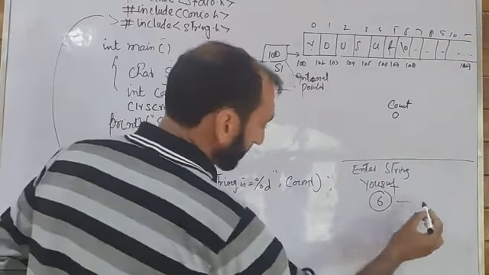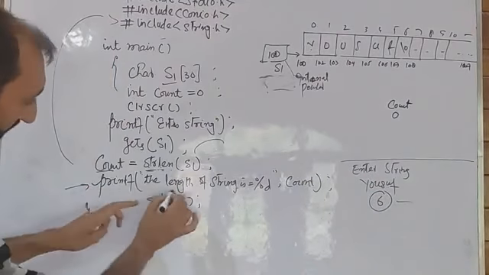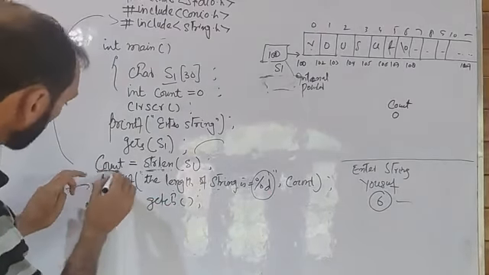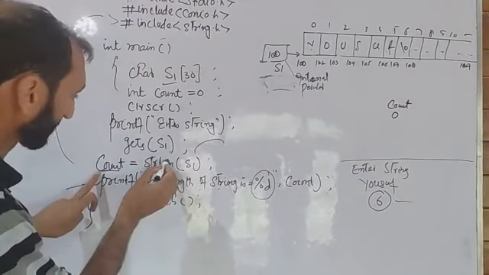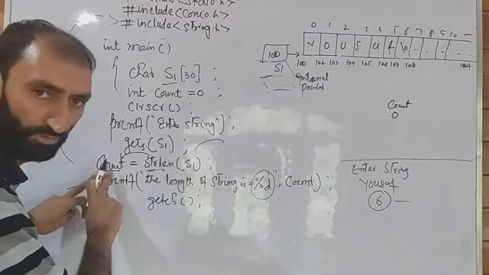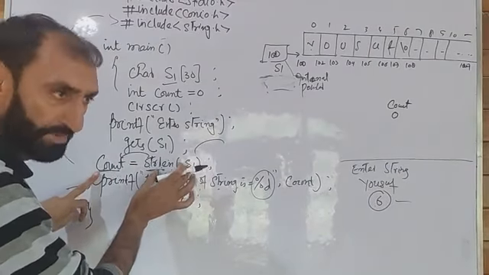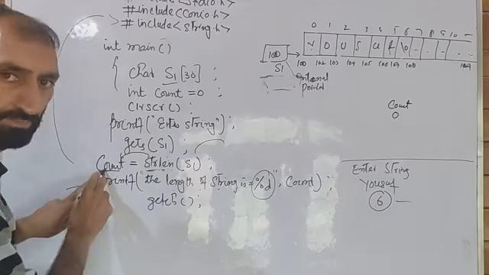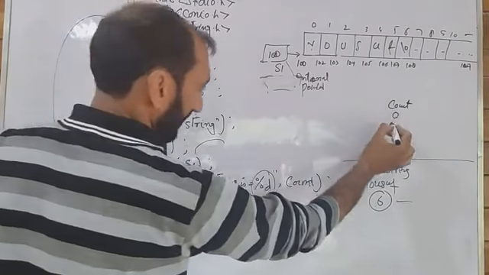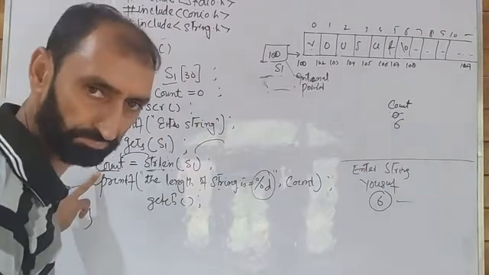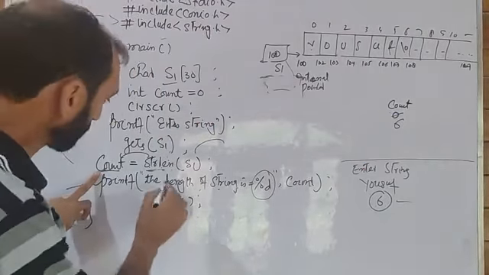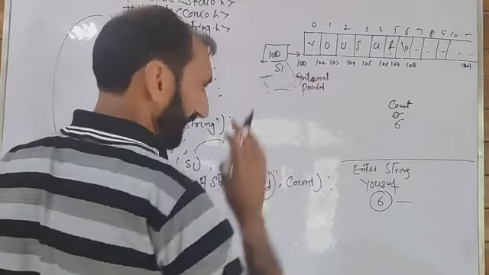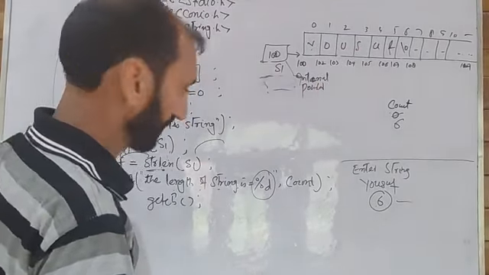In this case it returns 6. We print the length of the string using %d because count holds an integer.